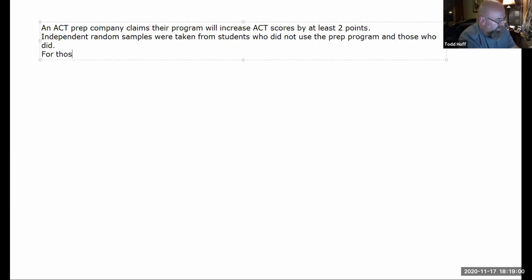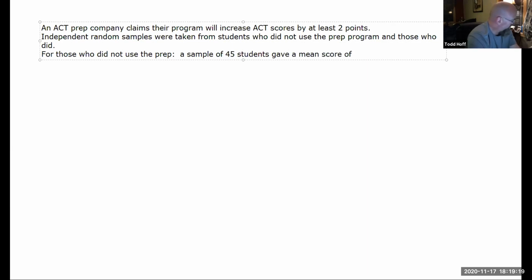For those who did not use the prep, a sample of 45 students gave a mean score of 19.2 with standard deviation of 2.7.